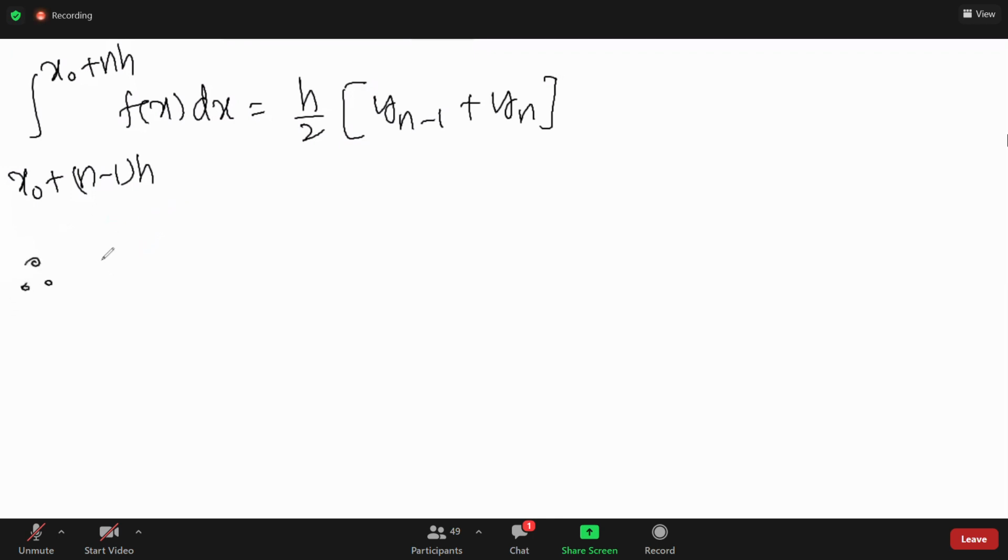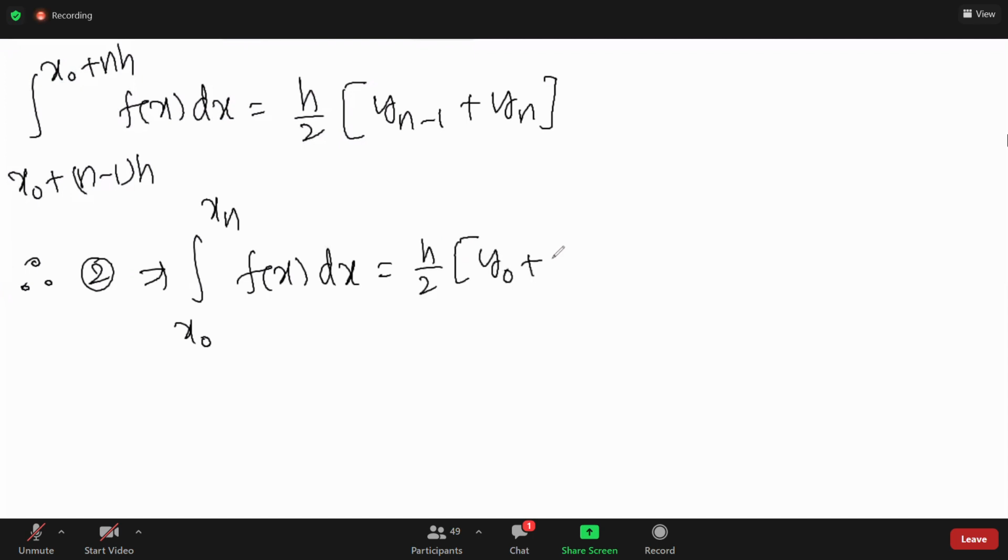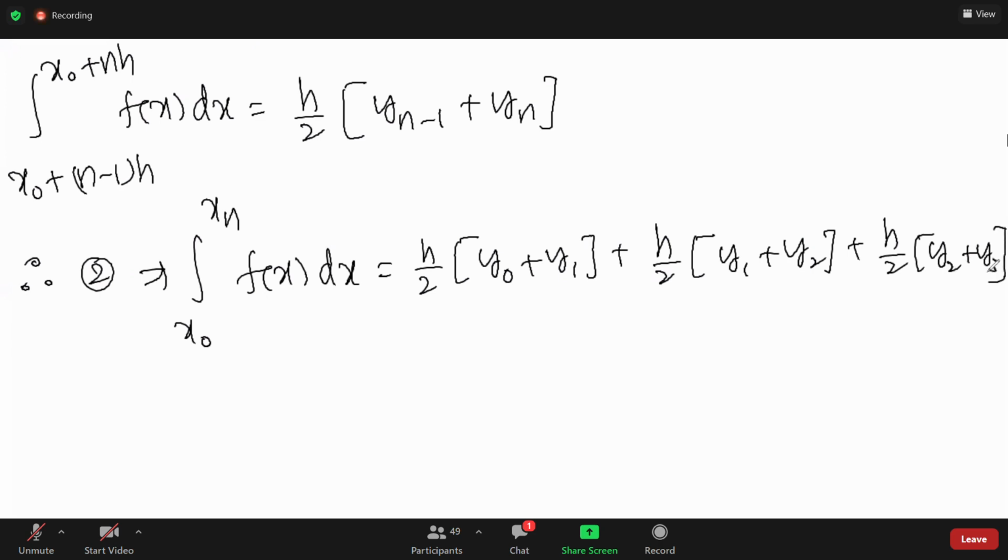Therefore, from equation 2, integration from x0 to xn of f of x dx is equal to, substituting the respective values in the RHS, what is the first subintegral value? h by 2 into y0 plus y1. The second subintegral value is h by 2 into y1 plus y2, and so on.